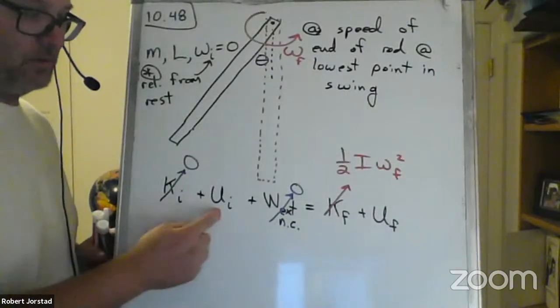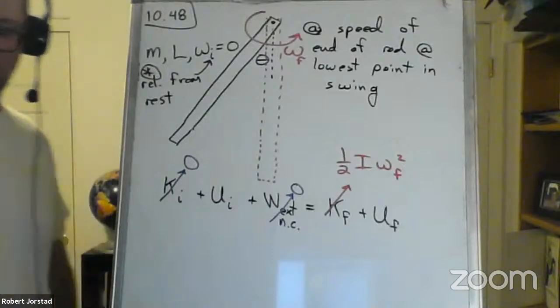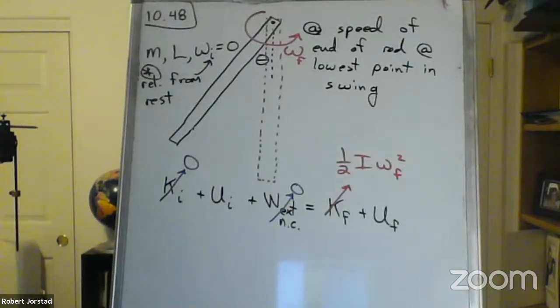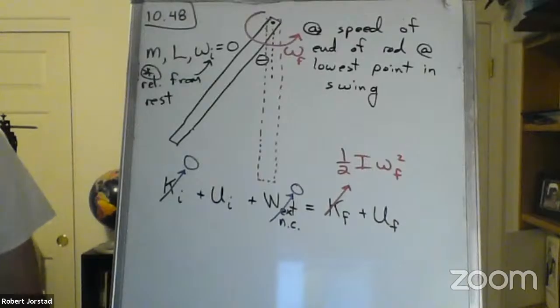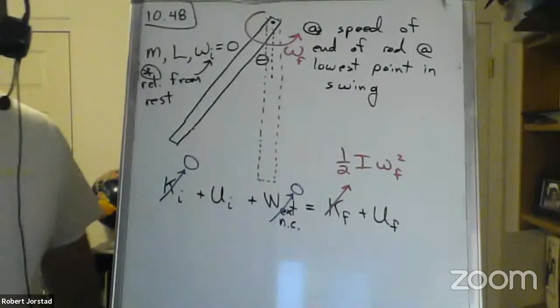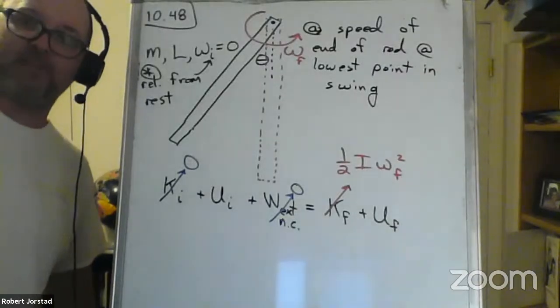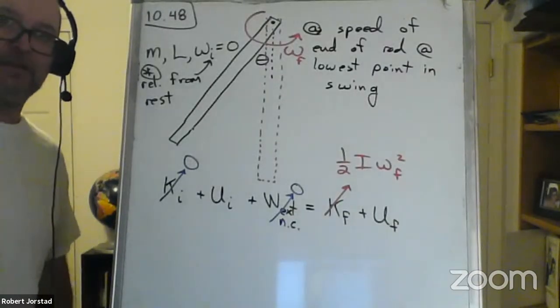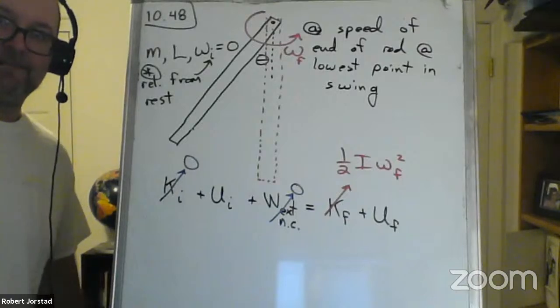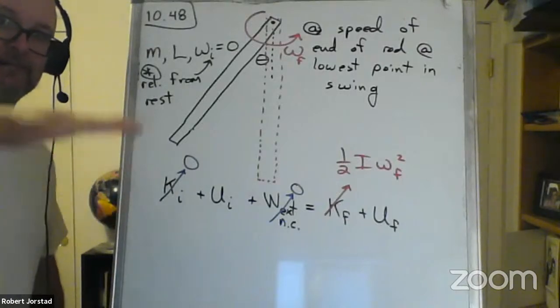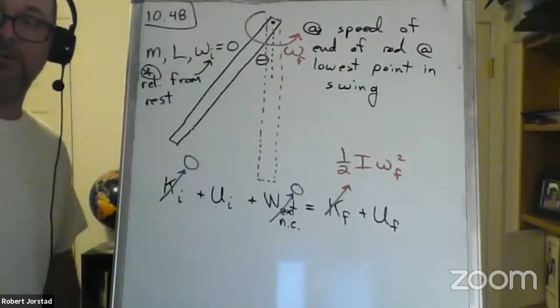All right. Now, what about U? What type of potential energy do we have here? Gravitational. Mm-hmm. When we do gravitational potential energy, what's one of the things we usually have to think about right away? Setting the 0. Where do you want to put the reference level, the 0 level? At the bottom. No, you could.